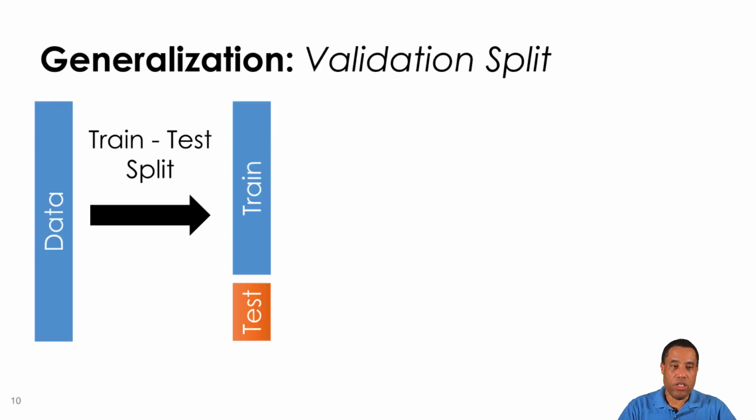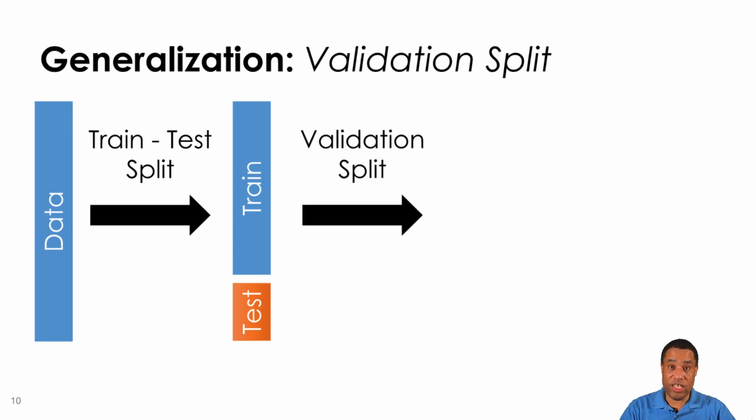Okay, so we take our data, we split it into a training set and a testing set. We build our model, and then we can evaluate it using the testing data. But there's kind of a question here, right? When I'm doing my training, I actually want to think about, well, how do I evaluate the model that I'm creating with training? Well, one way to do that is a validation split.